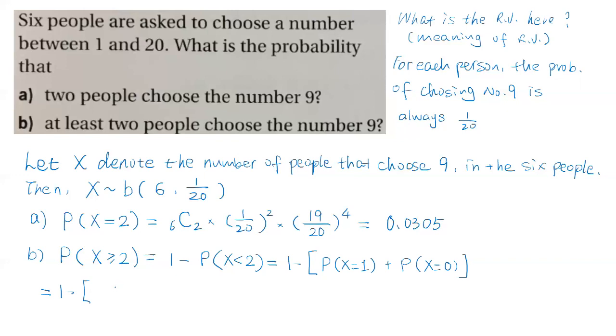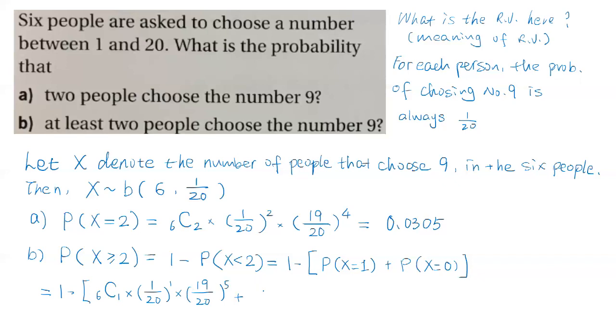The probability of X being 1 is C(6,1) times (1/20) to the 1st times (19/20) to the 5th.